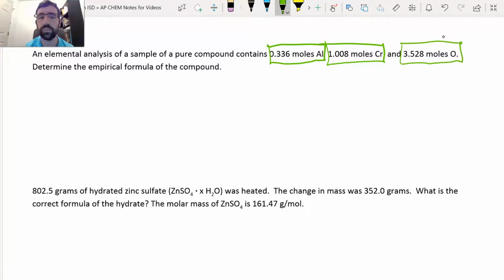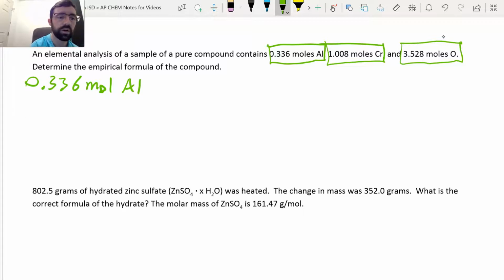3.528 moles of O. So in our poem, we say percent to mass. Well, I don't have any percent, so I don't need to worry about that. And then it says mass to mole. Okay, mass. Nope, this is not units of mass. To moles. Oh, I already have moles. I'm just going to start right there. So I'll write down 0.336 moles of Al.